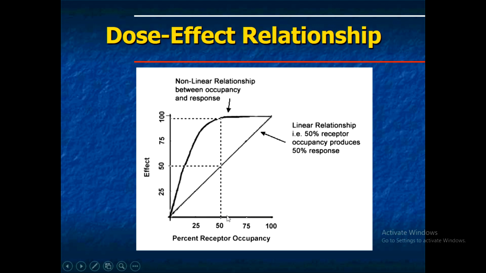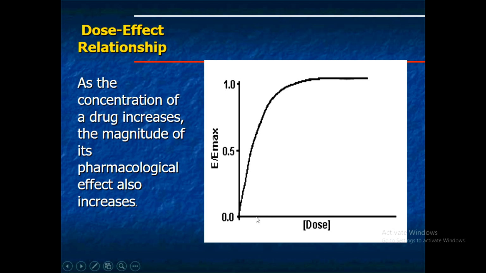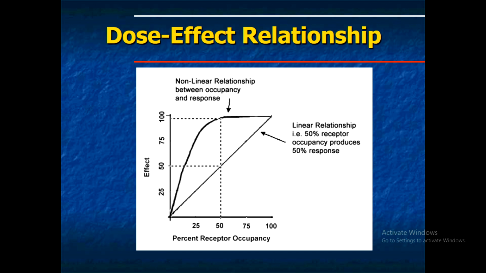So this may be dose 1.0, this will be 2.0, this will be 3.0. You can see that 1.0 will be like 0.4, 2.0 will be like 0.7, and then 3.0 will be like 0.9. You get it? So basically that's a rule of thumb: as you increase the dose, the effect also increases.